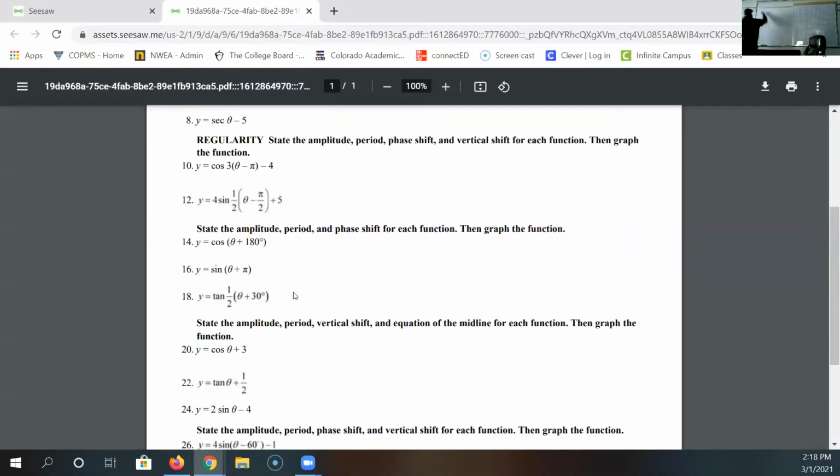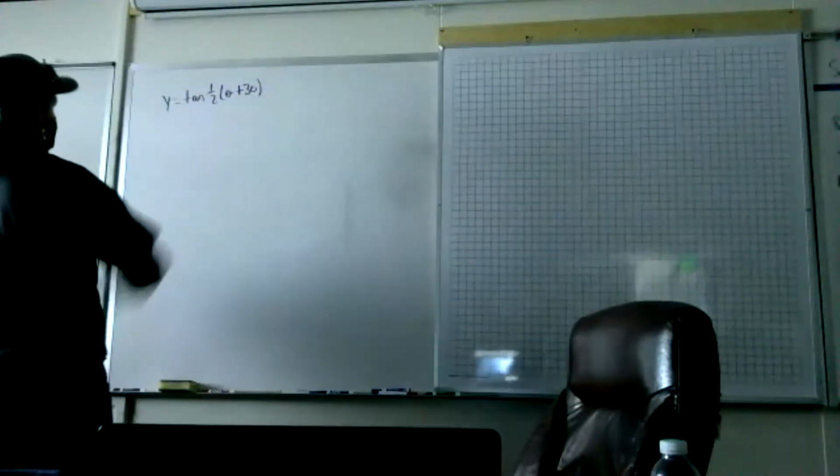So we have y equals the tangent of 1/2 theta plus 30. Okay, and if you remember from the other day, tangent is really about finding x-intercepts and asymptotes. Very similar.